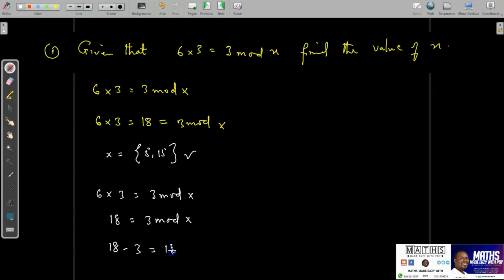15. Now, when you get this 15, write down the factors of 15. What are the possible factors of 15?